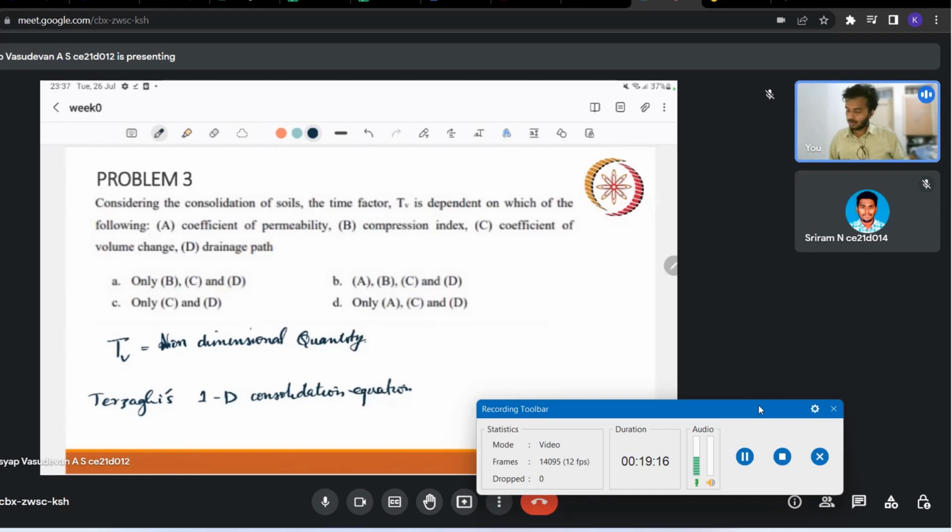Tv is the thing that tells us the rate at which the consolidation is happening.